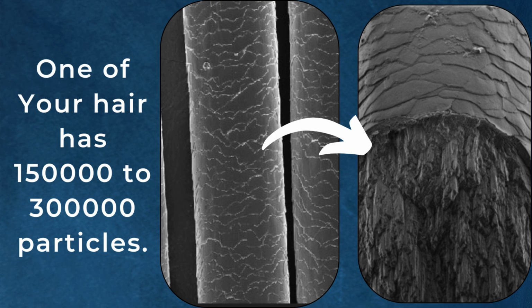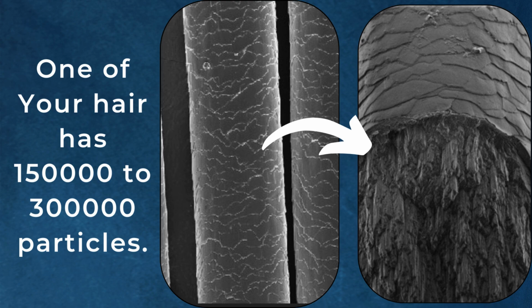Do you see this? This is one of your hairs, and one hair has 150,000 to 300,000 particles. Imagine that one hair has a huge number of particles like that. So particles are very, very tiny.